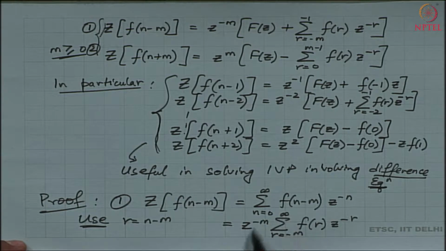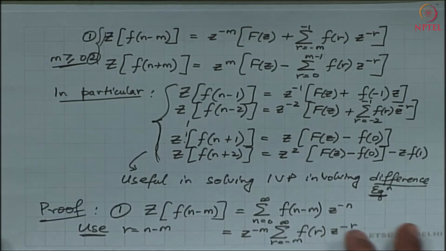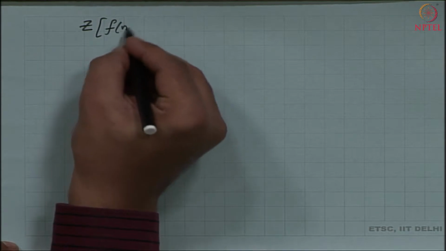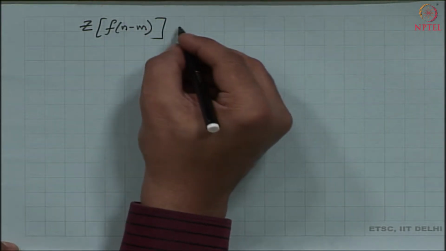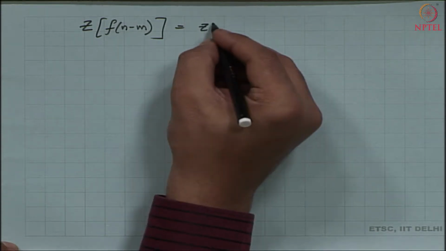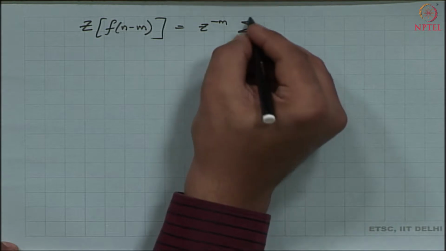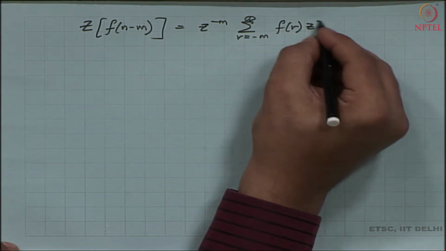Now, let us rewrite this. This is the Z transform of f of n minus m. I have shown this equal to z to the power minus m summation r from minus m to infinity f of r z to the power minus r.